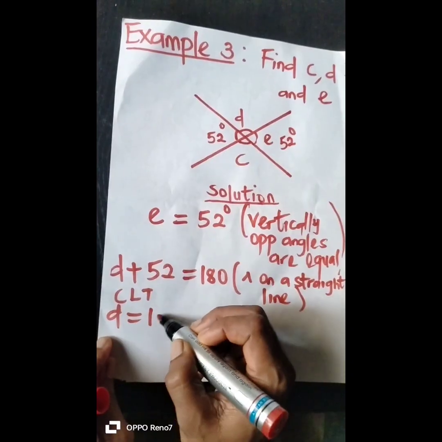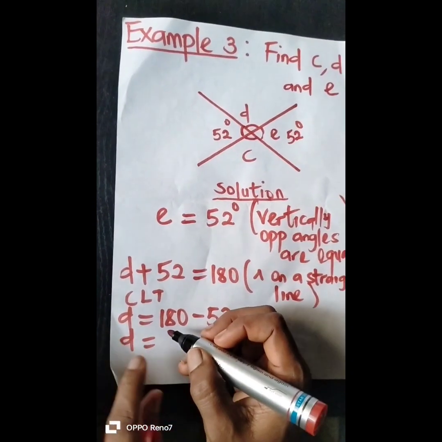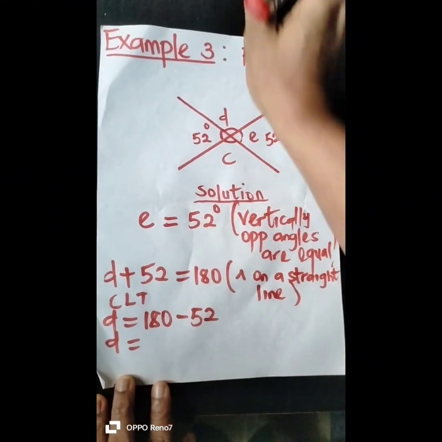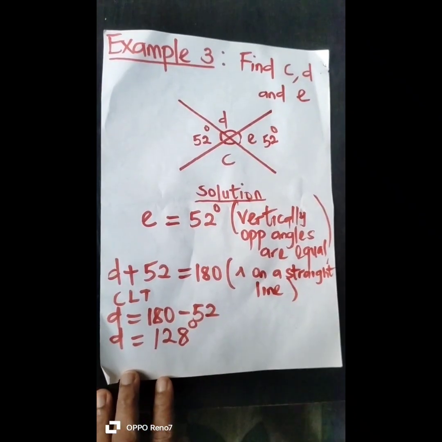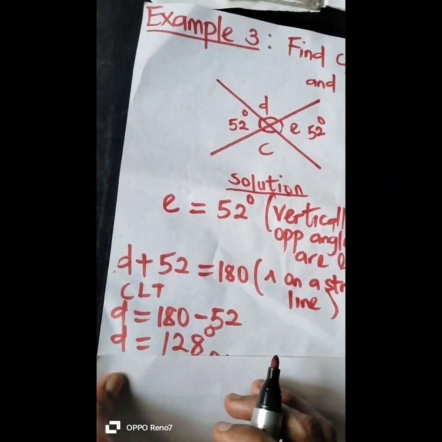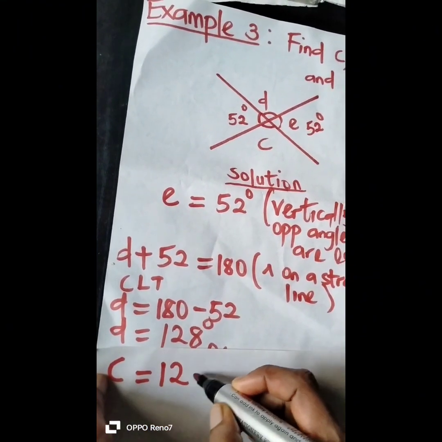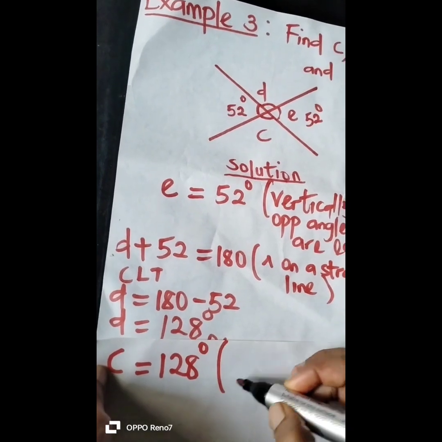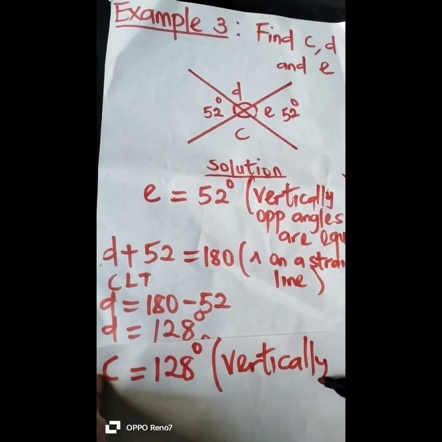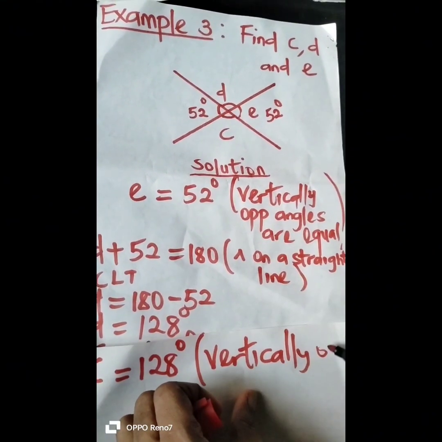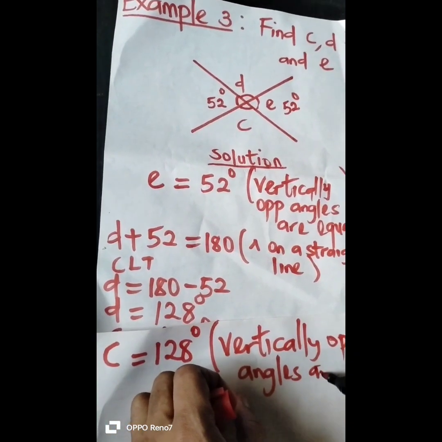We say 180 minus 52 gives us D equals 128. Since D is 128 degrees, hence C is also 128 degrees. The reason is because vertically opposite angles are equal.